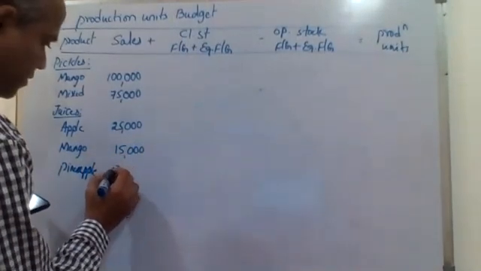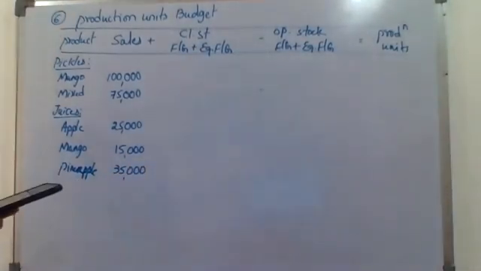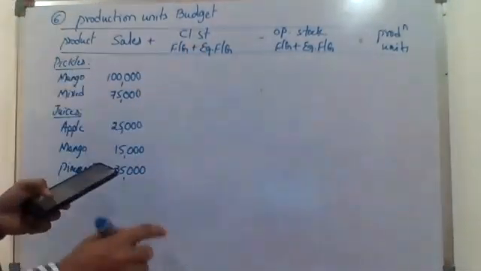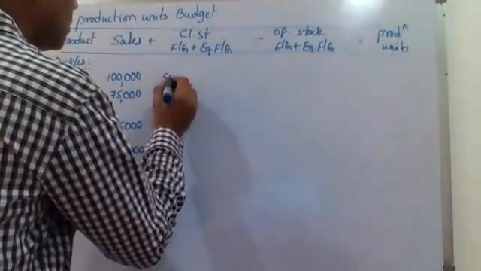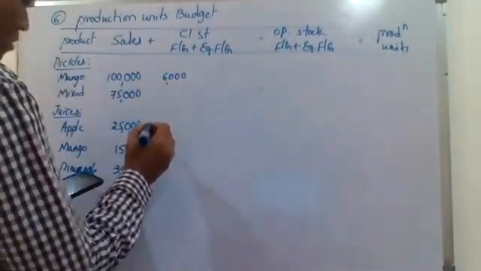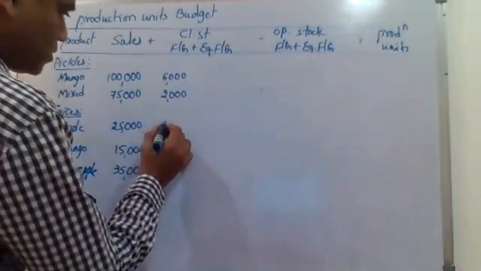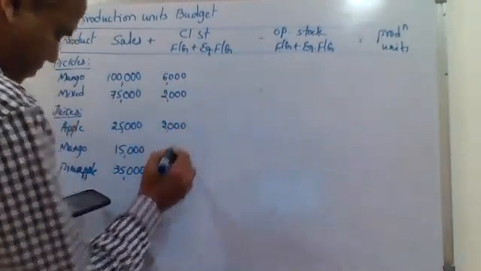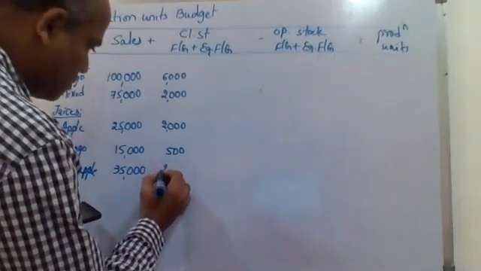And pineapple is 35,000 units. All right. Then I straight away take closing finished goods. If you look at the last column, you have the closing finished units. It is 6,000, 2,000, again 2,000, and 500, then 2,000.